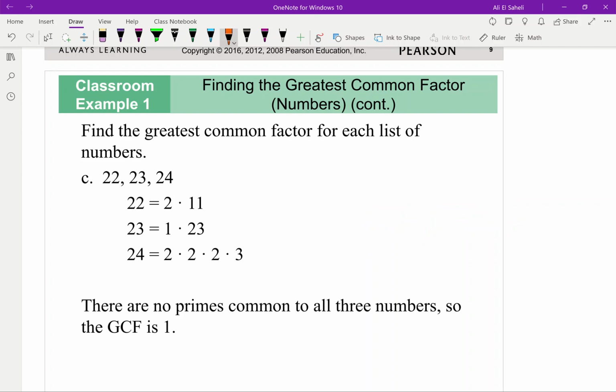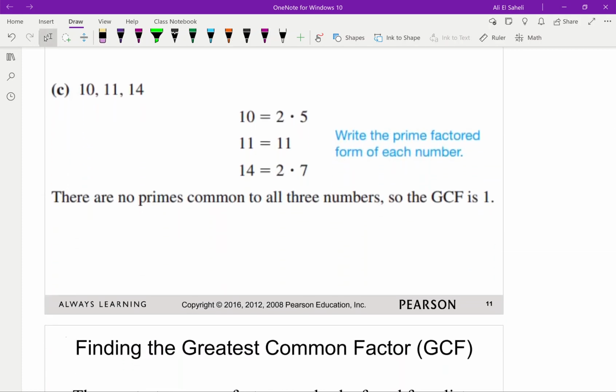And 24 is, as we have seen, 2 times 2 times 2 times 3. If you compare these, there is no common factor. Between the first and last, 2 is a common factor. Only 2 is a common factor, but 2 does not appear in the factoring of 23. So the greatest common factor is the trivial 1.